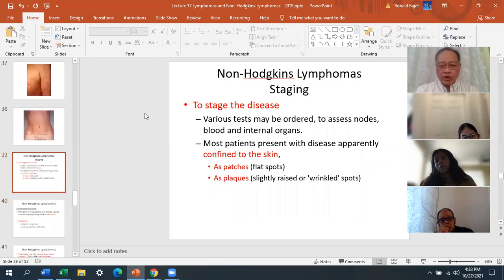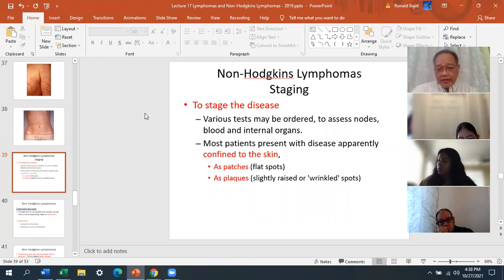Okay, enough pictures. To stage the disease, various tests may be ordered to assess the blood and internal organs, involvement of the internal organs. Remember, it starts off cutaneous on the skin, but you want to catch it before it starts becoming invasive to the internal organs.